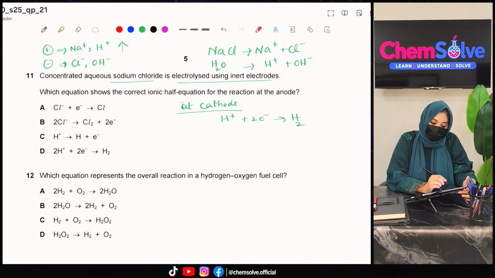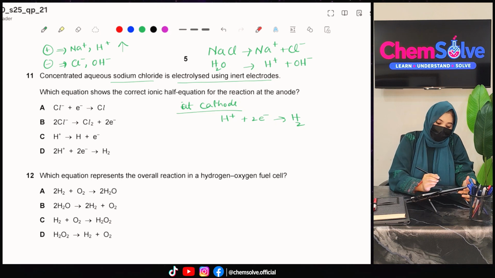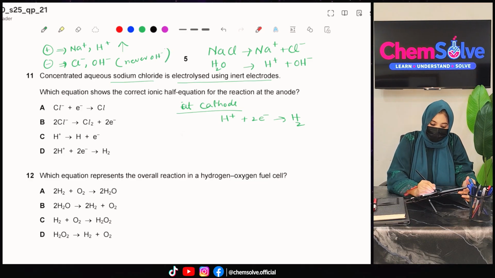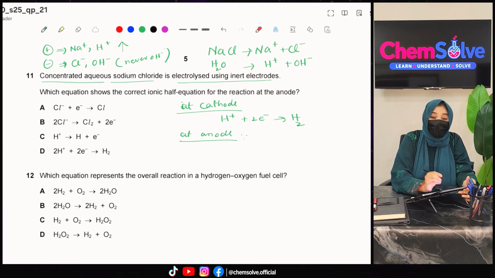Okay, and for negative ones, always remember, never discharge OH negative ions when the solution is concentrated.